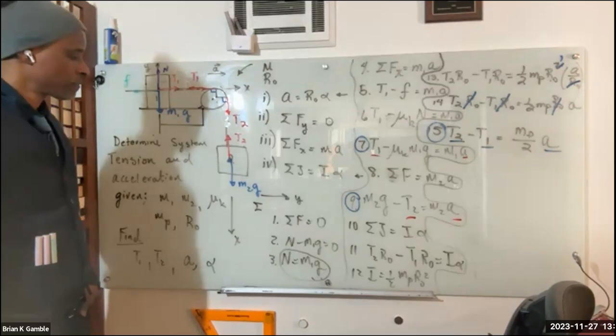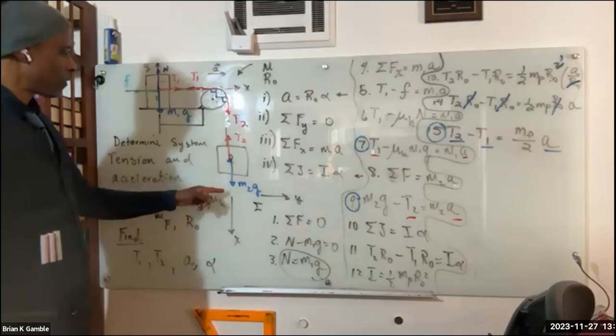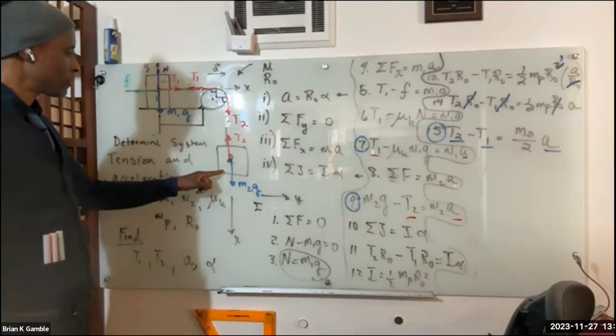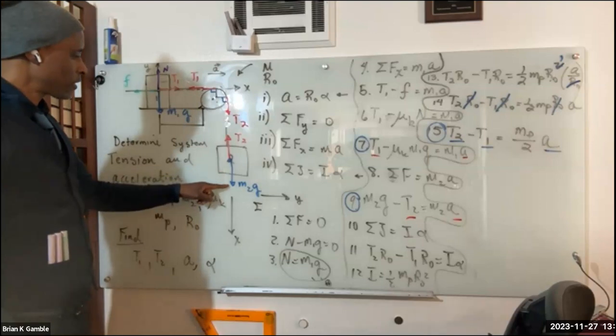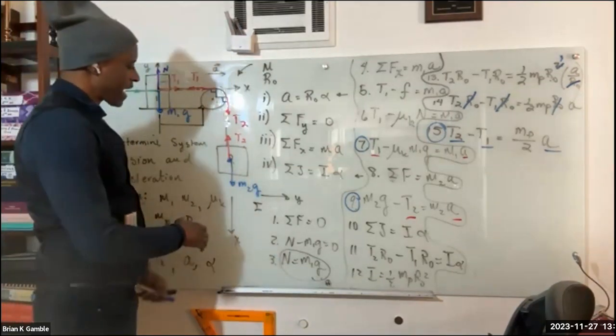Dr. Gamble, why is there an arrow with an X beneath it under M2? Can you tell me in the diagram? Arrow with an X under M2. This is M2. You're talking about this? No, right below that. So that was representing the axis.